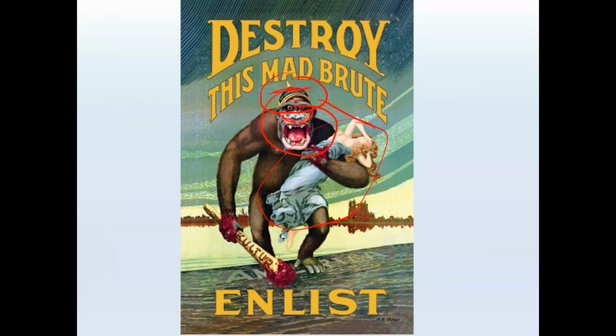He's got a club of culture, German culture. With his German culture club, he's beating to death the innocents of Europe, the innocent people of France and Belgium. Enlist, to protect and to save the vulnerable people and the culture of Europe.